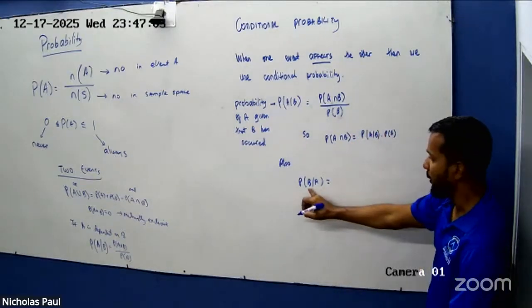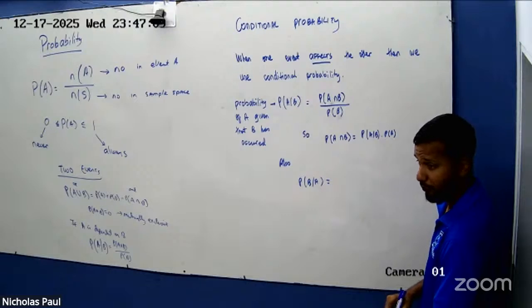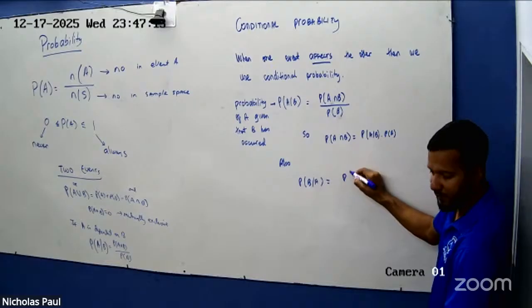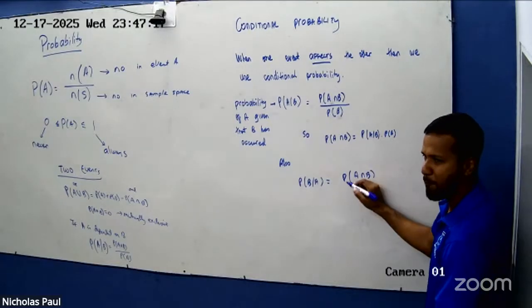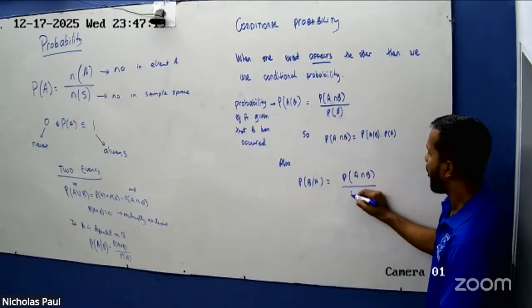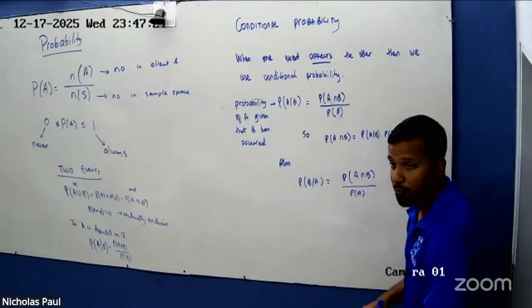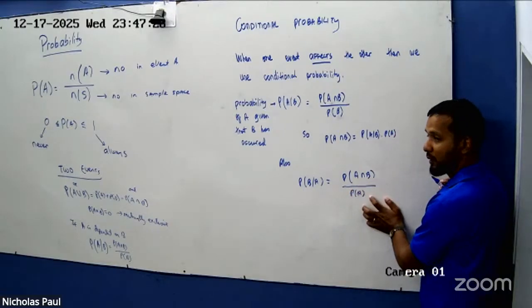What will be the probability of B given A happened already? Look at this formula. It'll be the probability of A and B, it doesn't matter to put B first, all over the probability of A.